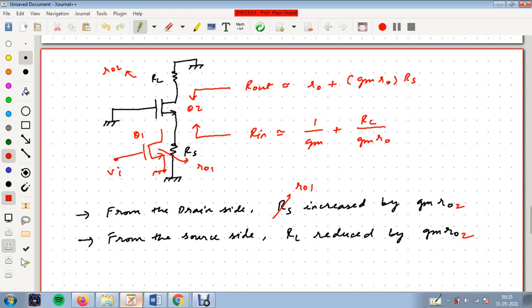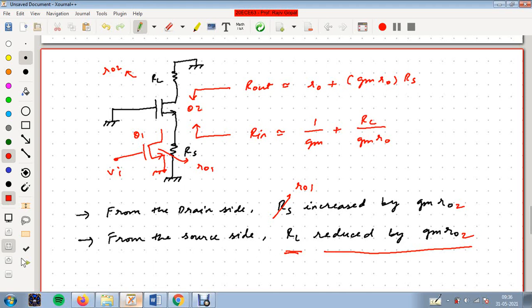Why you have to cascade a common source amplifier with a common gate amplifier, it is done for this reason only. You are improving the gain and you are also increasing the bandwidth. How are you increasing the bandwidth? If you look at your RL, it is reduced by gm R naught. So for the same current, if my load reduces, what happens to the voltage drop across that load?